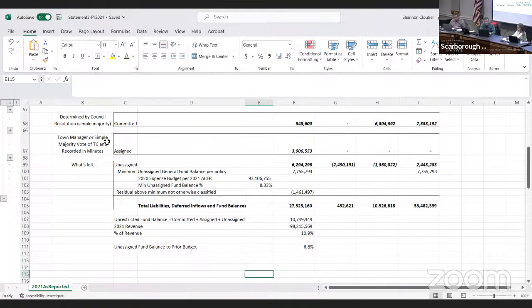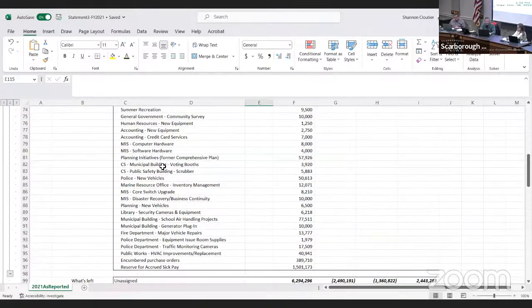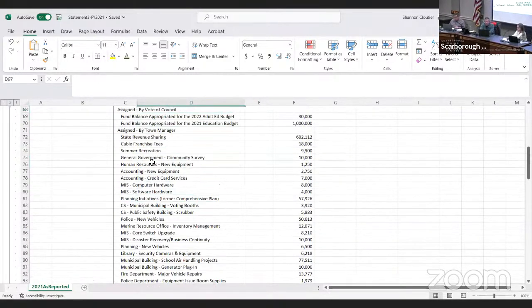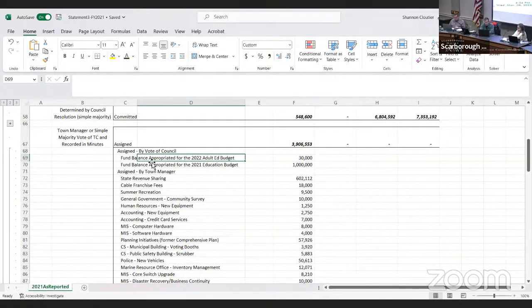To get to that goal, you can look at what's been assigned. And these are projects that, some of them were clearly by active council, and some of them were by the town manager, and others I don't know for sure. So I don't know that I have this split between the town manager and the town council totally right, but I know that through the budget process, we appropriated funds from fund balance for next year's school budget, and that was $1 million.